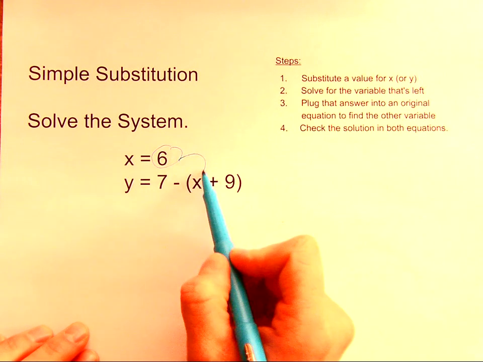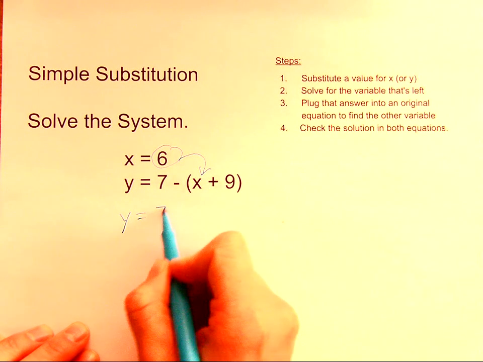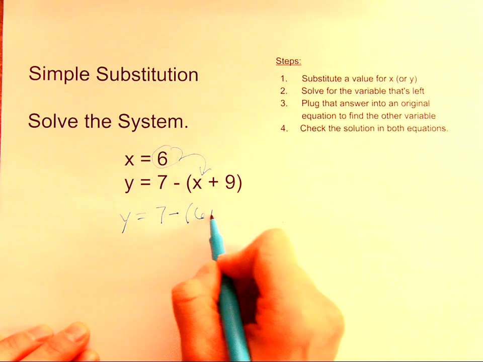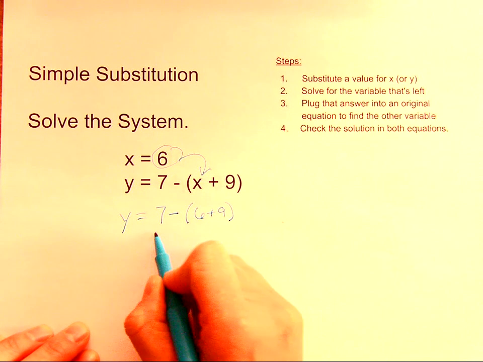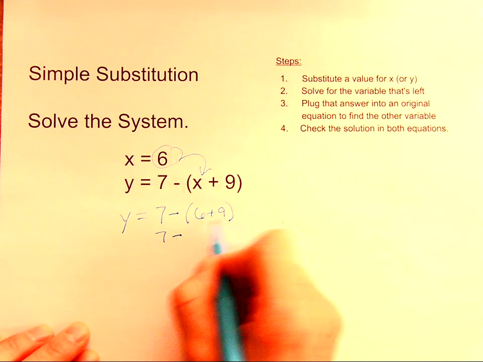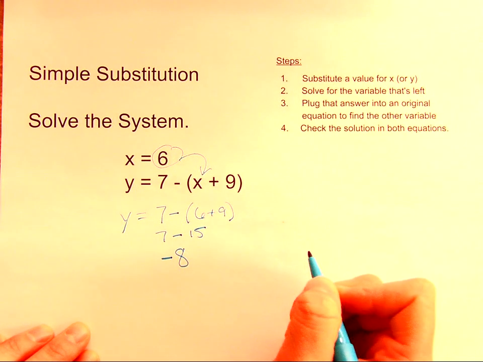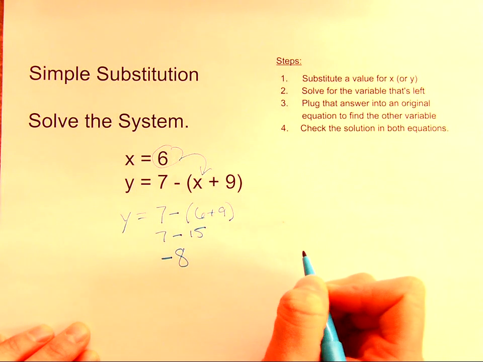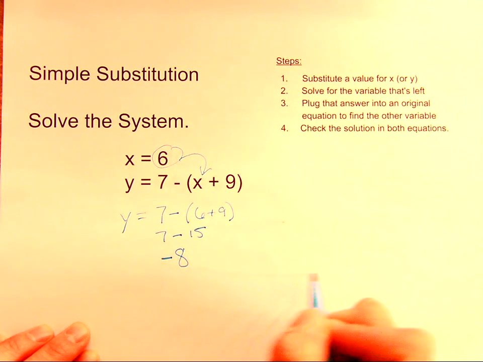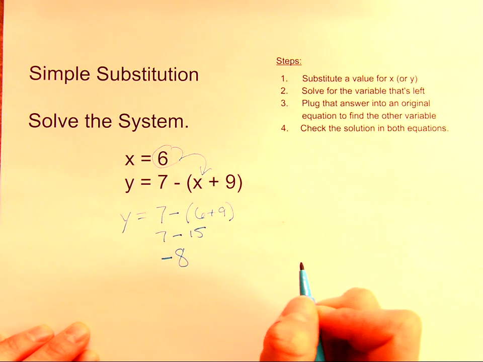Here x is 6, so y is equal to 7, subtract 6 plus 9, so 7 subtract 15, so -8. You don't want to just circle that and have that as your answer, because you would get that wrong.